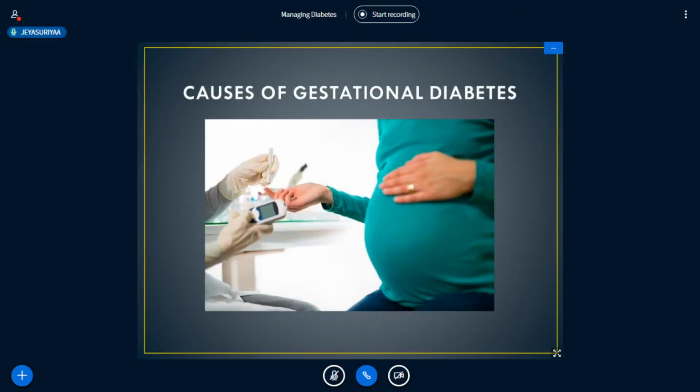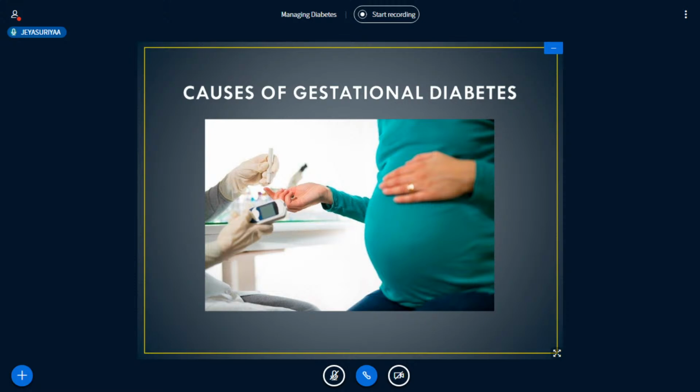Now, coming to the causes of gestational diabetes. During pregnancy, the placenta, a layer of connective tissue which provides nutrition to the baby in the uterus and acts as a barrier between the mother and the child, produces hormones to sustain the pregnancy.